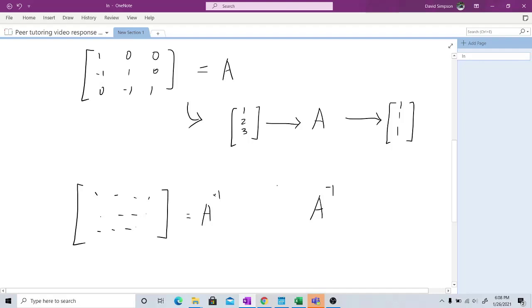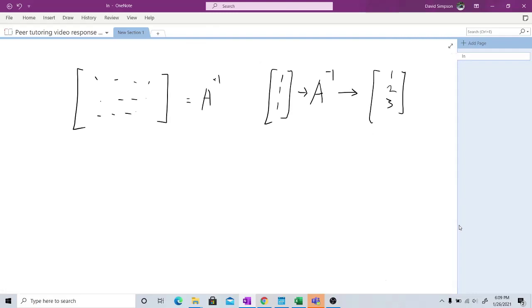But what we do know is that if I put in 1, 1, 1 to A inverse, I'm going to get 1, 2, 3. And you may be saying, okay, that's great, but how do we actually find the numbers? Which is a very important part of it. And there's actually several ways to do that. So I will address that in part 2.